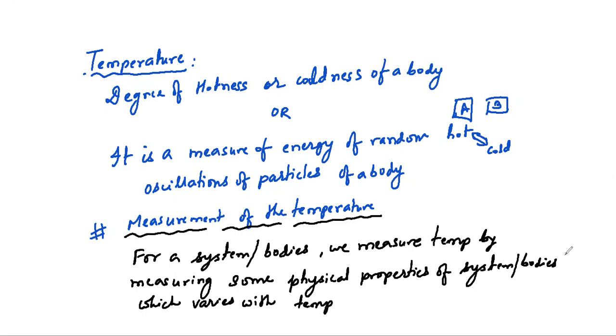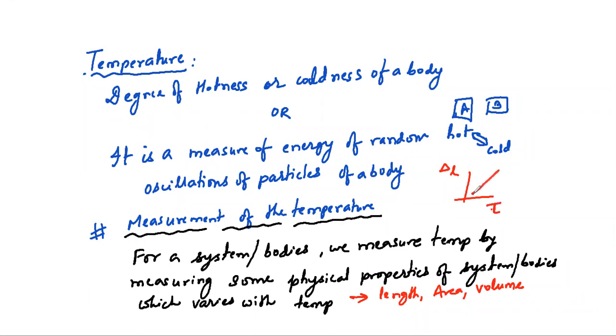All right. So there are different physical properties, just like length, area, or volume, which may vary with temperature, and then we can calibrate as per the variation. Let us say the change in length is directly proportional to the change in temperature.